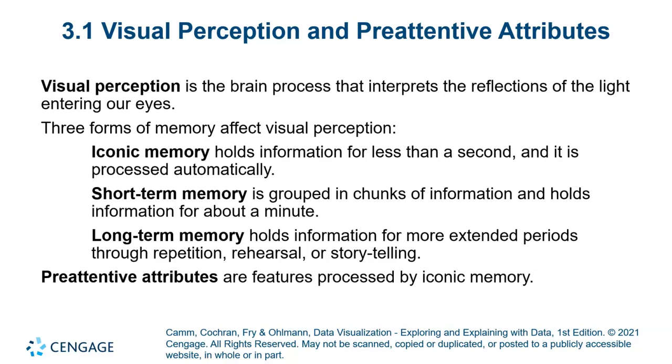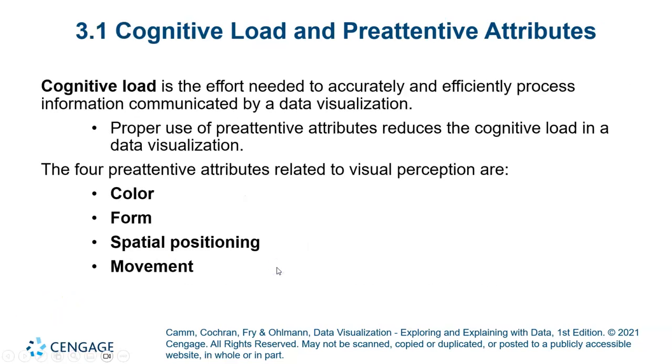And there are some pre-attentive attributes and features processed by iconic memory. So we will see what these pre-attentive attributes of iconic memory are. So, the cognitive load and pre-attentive attributes. What is the cognitive load? Cognitive load is the effort needed for any user to accurately and efficiently process the information when it's communicated by data visualization or by charts.